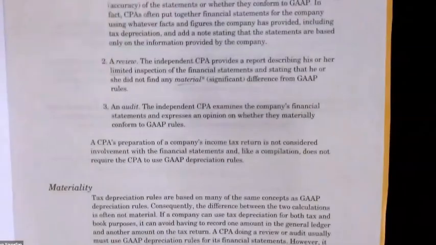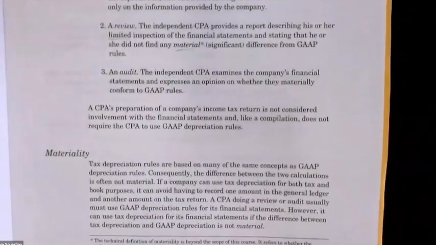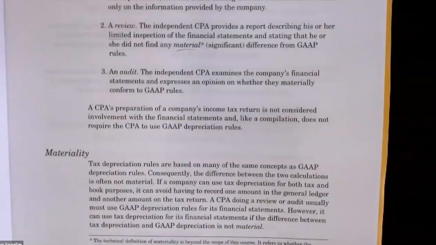So materiality is very important in accounting, because if something is not material, then you don't need to be worried about it. You don't need to spend time on it.